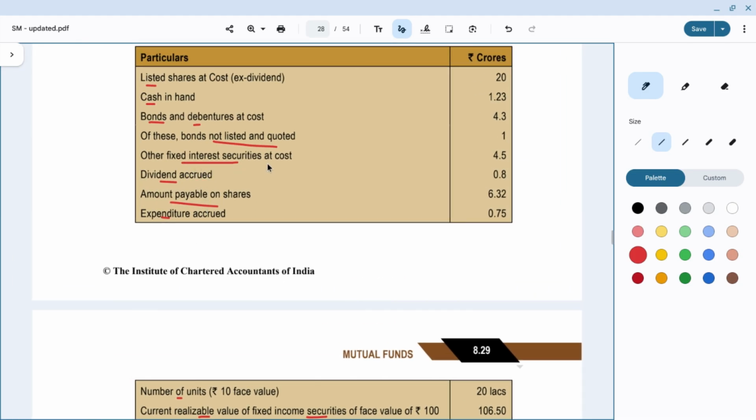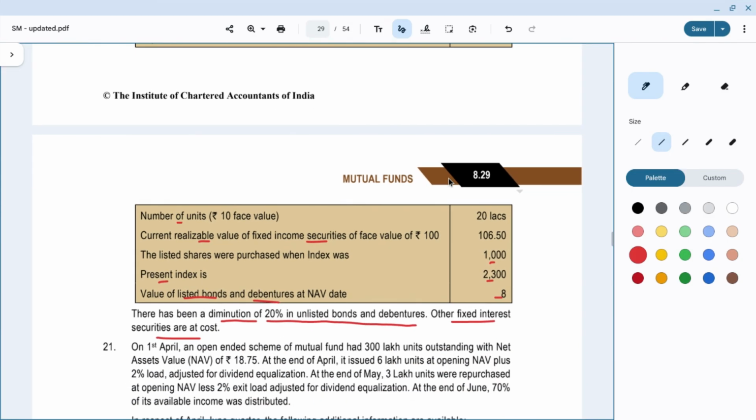Next, other fixed interest securities at cost. This is 4.5. But any other adjustments? It is given that the current realizable value of fixed income securities of face value 100 is 106.5. But again, other fixed interest securities are at cost. So you should consider the value to be at cost only, because it's clearly stated that other fixed interest securities are at cost, and you should ignore this particular information.